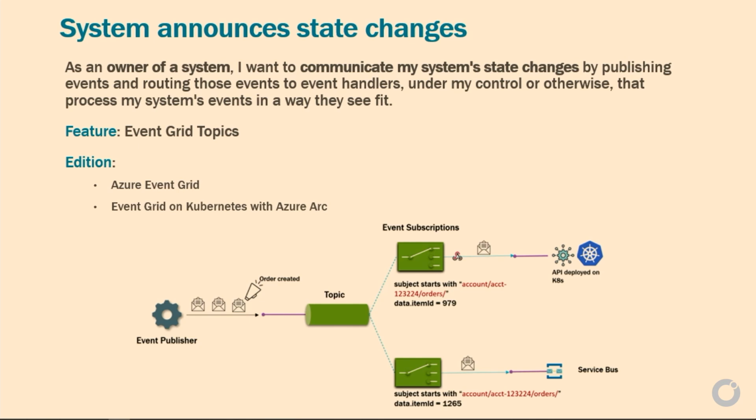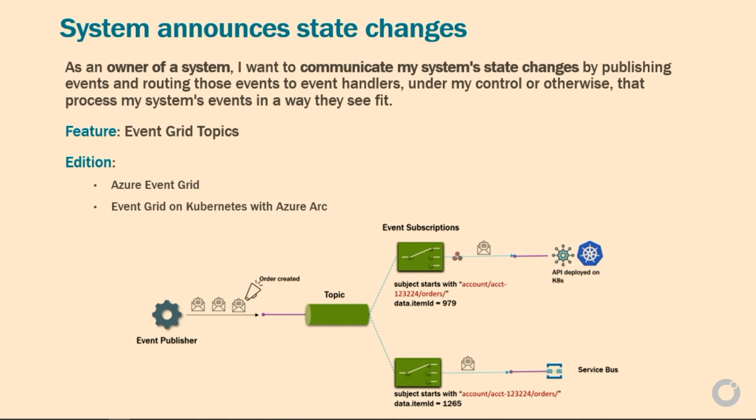So you decide that, but you own the topic, you own the event subscription, you configure the event subscription to the destination that you want them to be sent to, and boom, you have a simple Event Grid integration. And the kind of resource that supports this is called custom topics, or just topics.